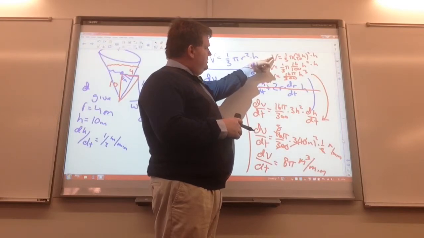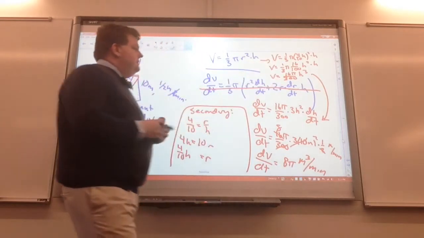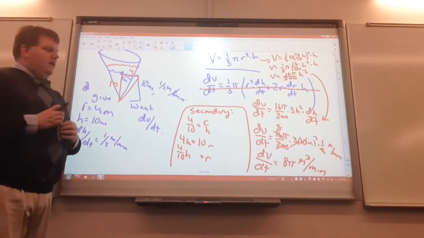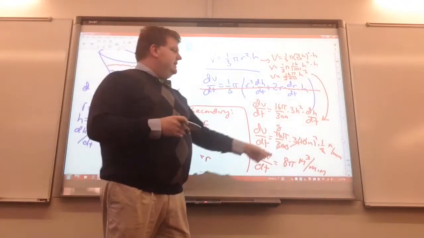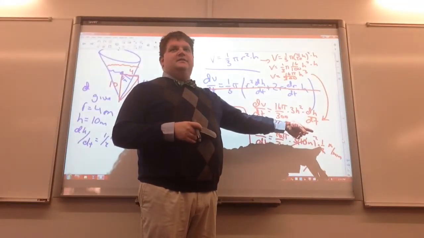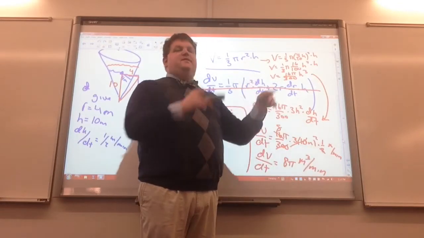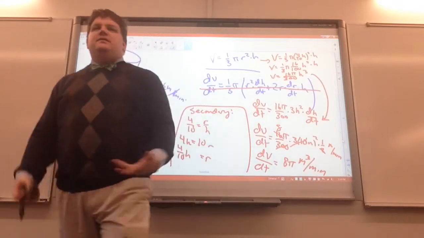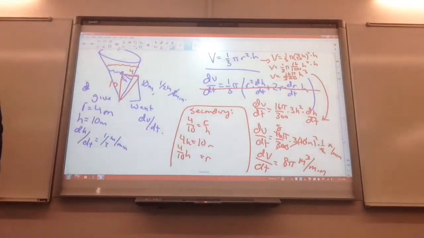Never mind, sorry, my bad. Now, why is it meters cubed? If I follow my units here, I had 10 meters, parentheses squared, so that's where I get the meters squared from. And I started with meters per minute. So meters squared times meters per minute is meters cubed per minute.